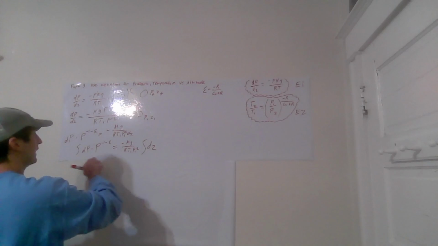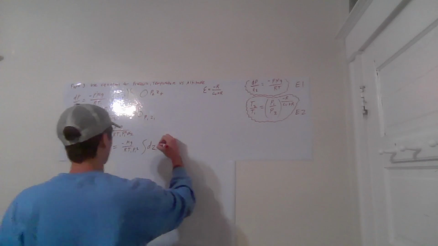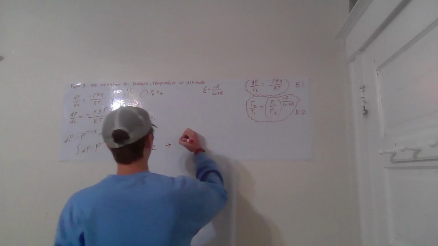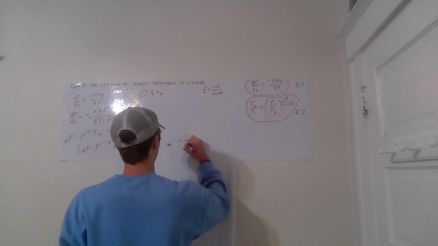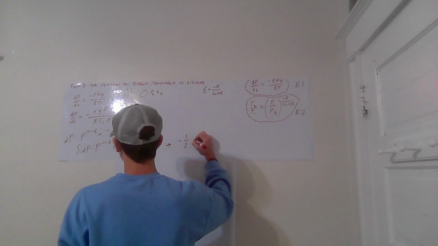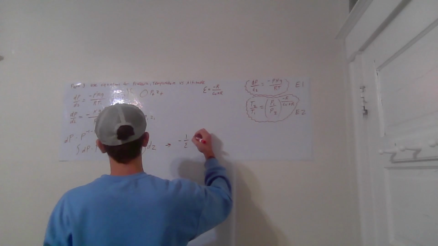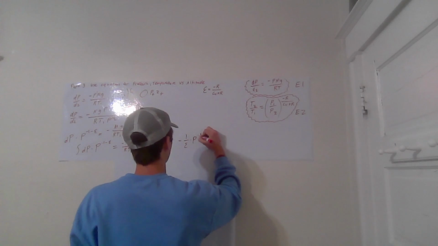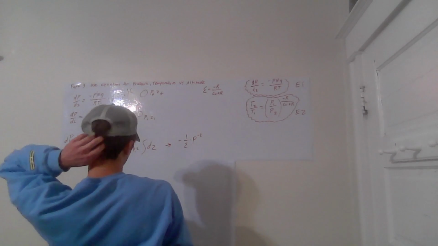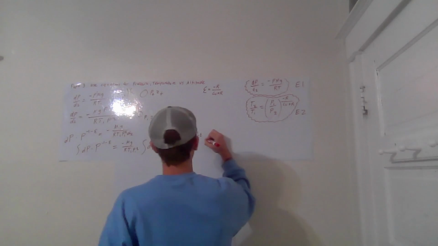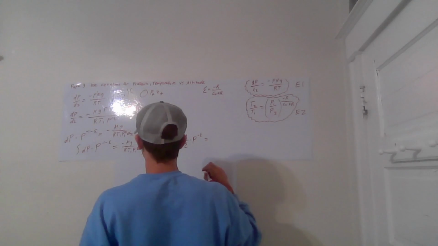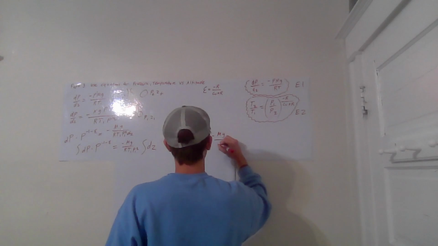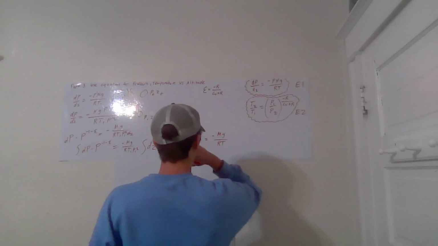And so now we can integrate. Our integration is going to be negative 1 over epsilon times P to the negative epsilon. And this is going to be equal to our negative mg over RT.